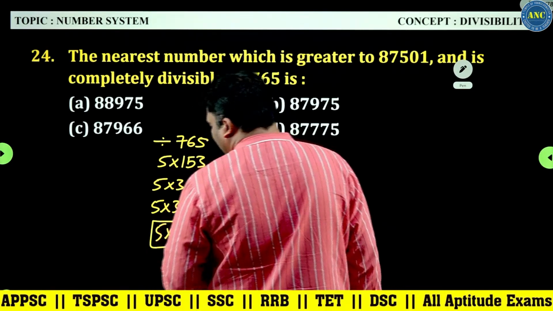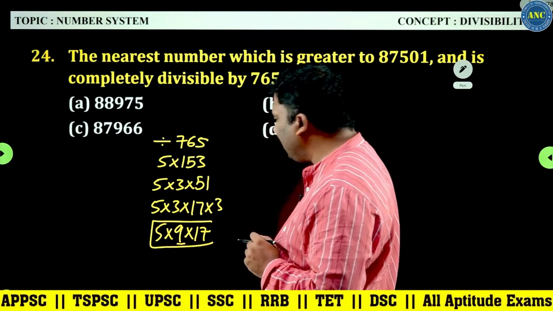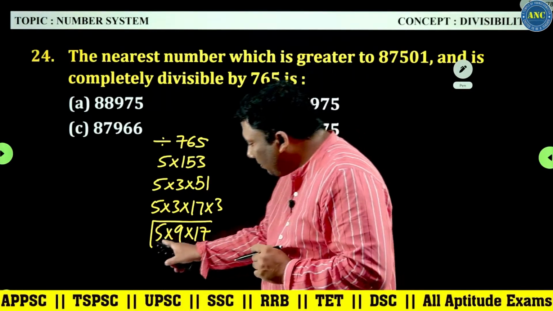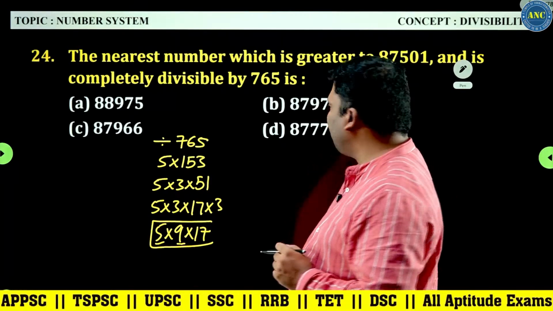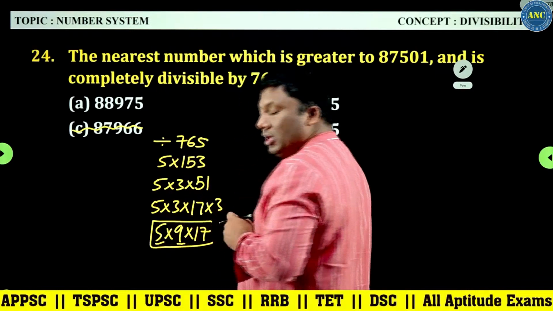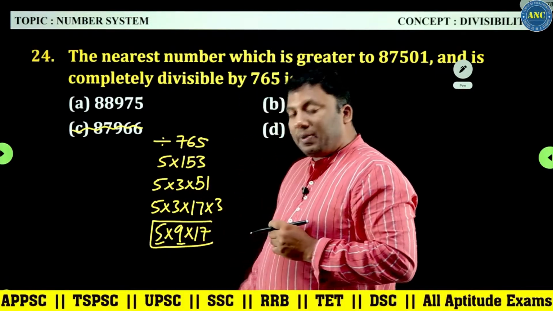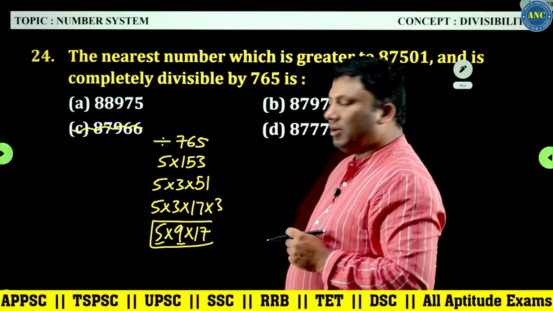The answer should be perfectly divisible by 9 and by 5. Any number perfectly divisible by 5 has unit digit 0 or 5. These are out.